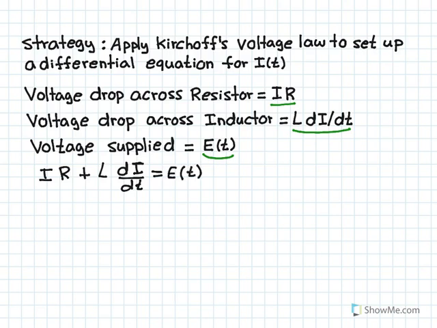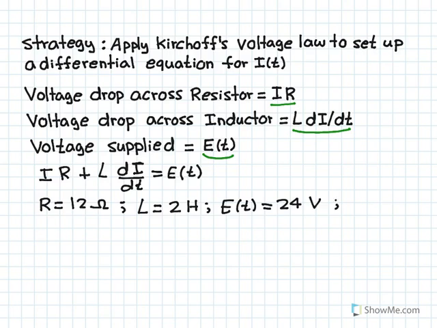This is Kirchhoff's voltage law. In the context of the question, the resistor is equal to 12 ohms, the inductor L is equal to 2 henries, the battery voltage E of t is equal to 24 volts, and the initial current I of 0 is equal to 0 amps, the unit for current.